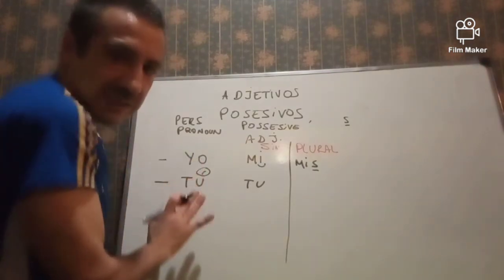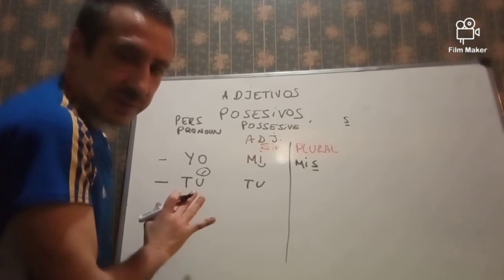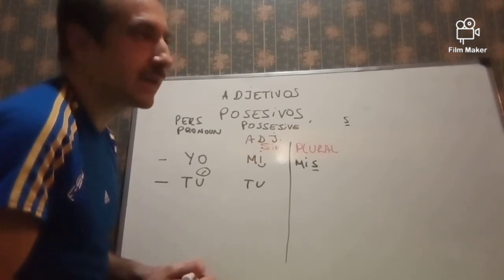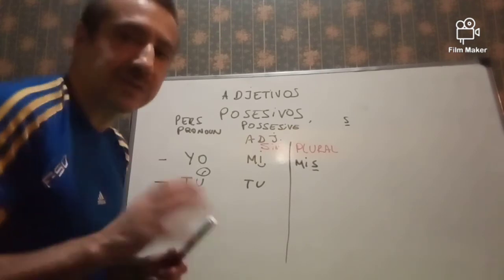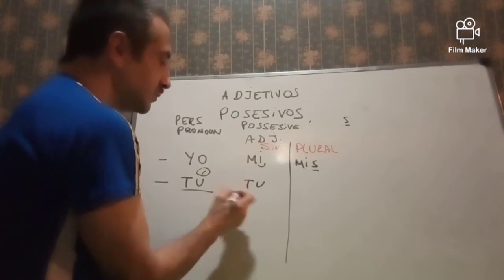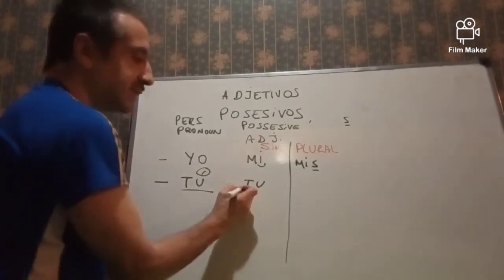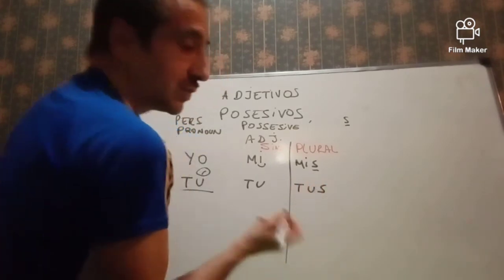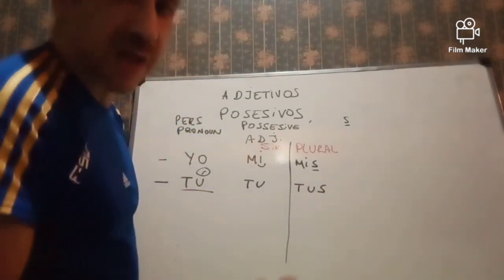For now, let's leave it here because I always repeat it: let's go step by step. For the pronoun tú, the possessive adjective is tu, and the plural tus. Your car, your cars.